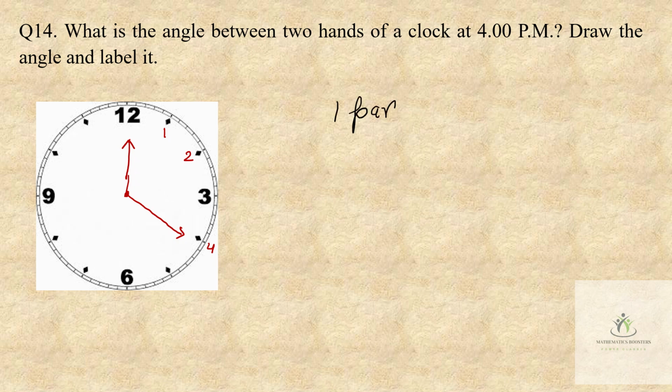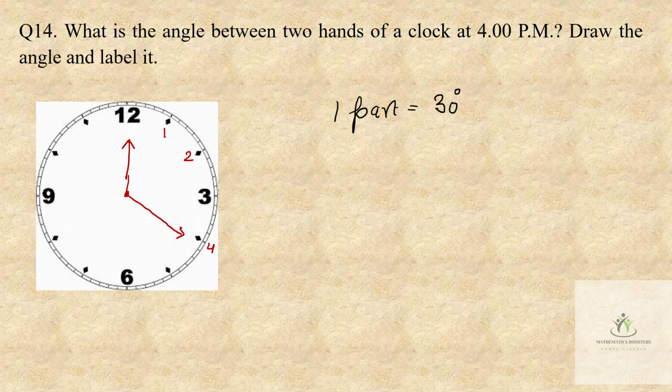One part represents 30 degrees. We have just found this 30 degrees in the previous question. You can pause and go back to the same question, which is question number 5.